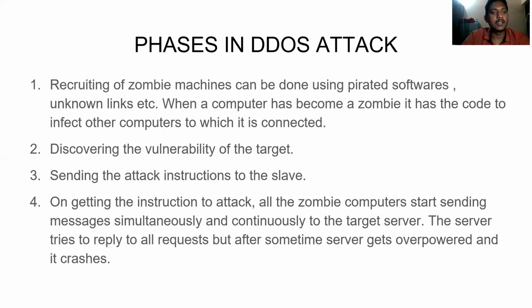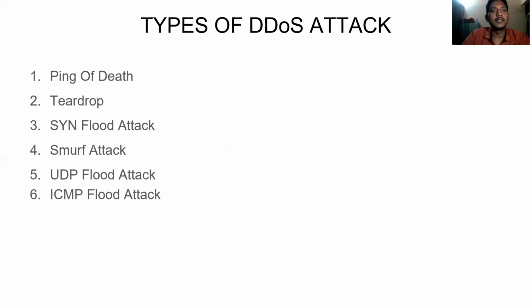Now fourth, on getting the instruction to attack, all the zombie computers start sending messages simultaneously to the target. The server tries to reply to all the requests, but after some time the server gets overpowered and it crashes. The next slide is types of DDoS attack.